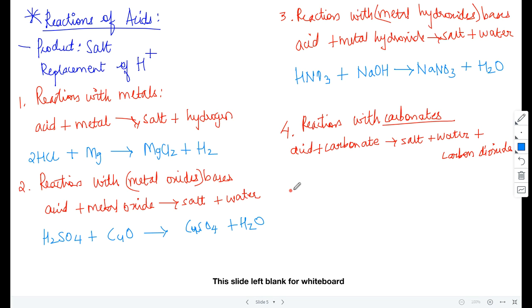And an example is HCl reacting with copper carbonate giving me copper chloride with water and carbon dioxide.